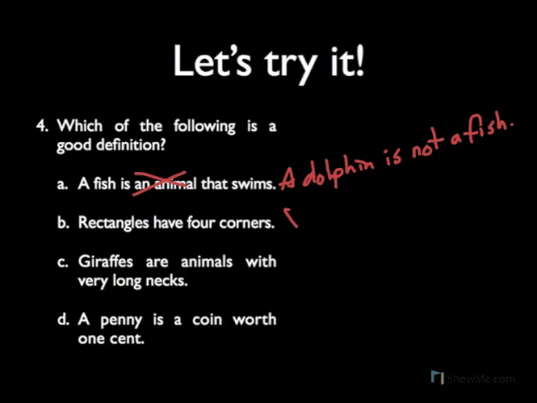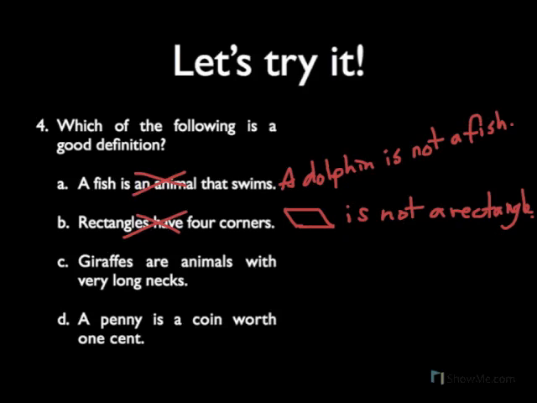However, any quadrilateral has 4 corners, so even this parallelogram has 4 corners, and it is not a rectangle. Therefore, this also is not a good definition. Notice that neither one of these things meet the requirement of being reversible. An animal that swims is not necessarily a fish, and a figure that has 4 corners is not necessarily a rectangle.